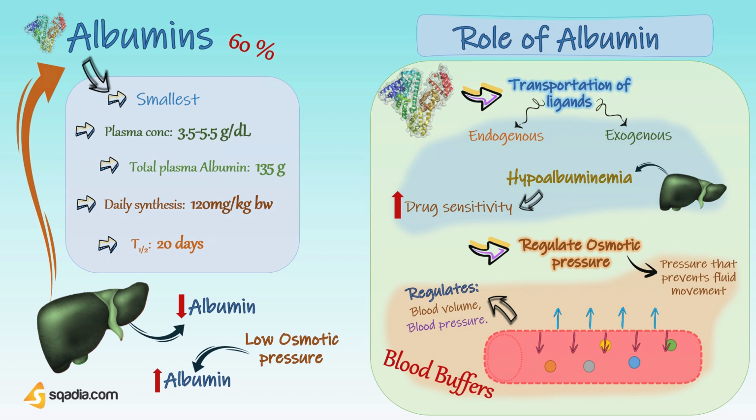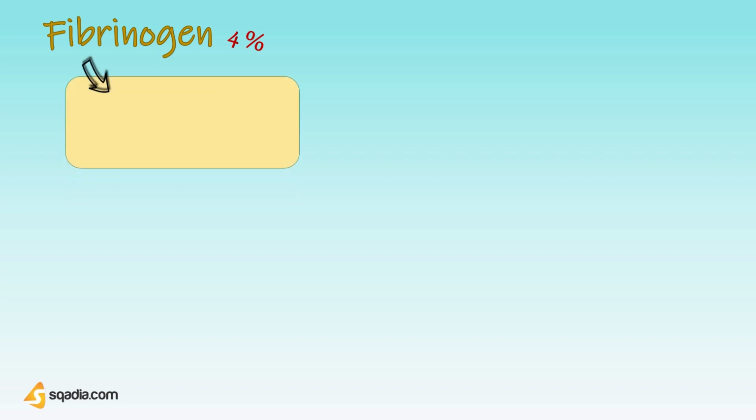Another important plasma protein is fibrinogen, which makes up around 4% of the plasma proteins. Fibrinogen is made in the liver and is the largest in size of the plasma proteins. And it circulates in plasma at concentrations of 150 to 300 milligram per deciliter.